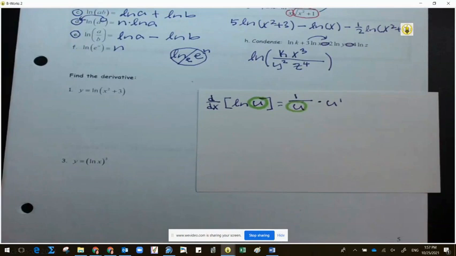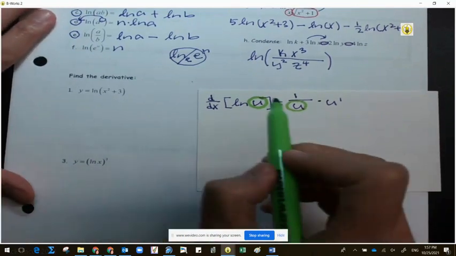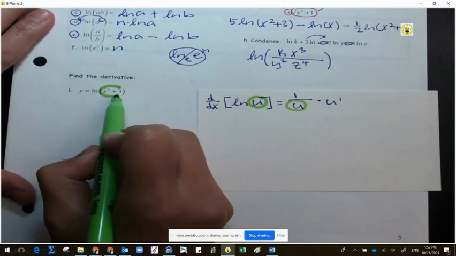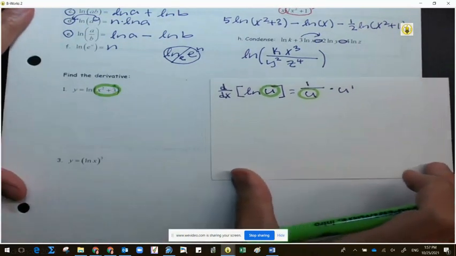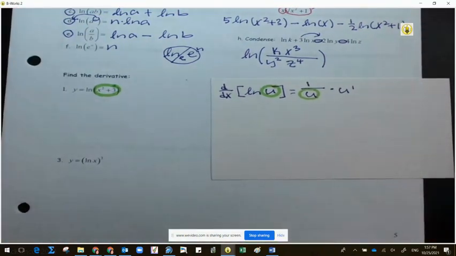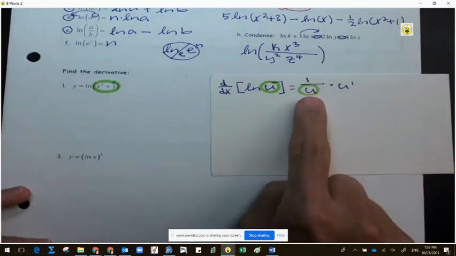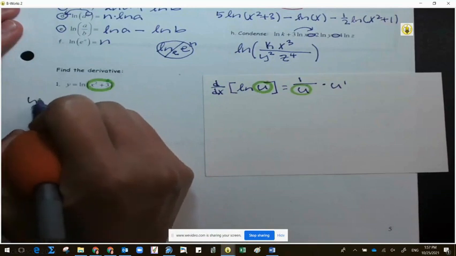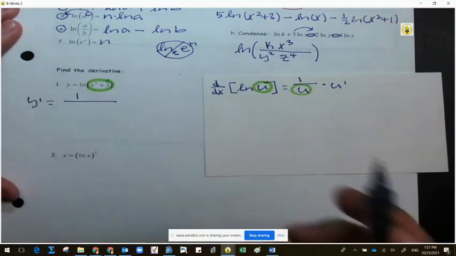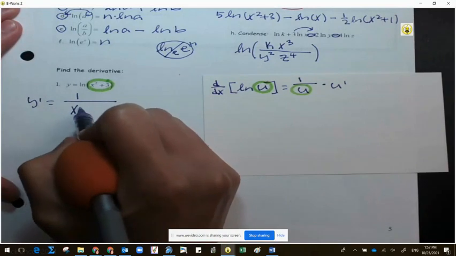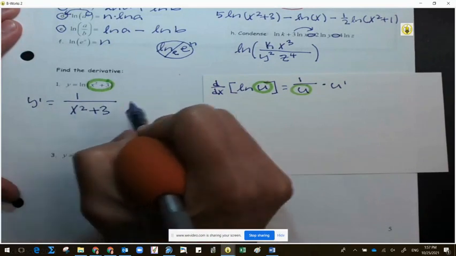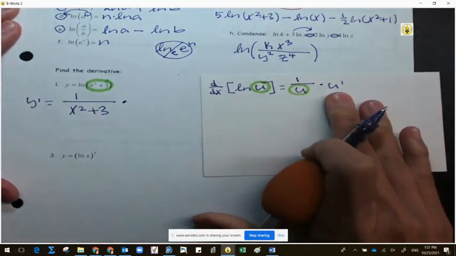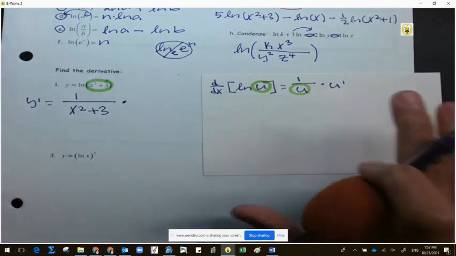If I were to follow this method, and with the same color, where u is substituted, go ahead and circle it with whatever color you want. And that's a calculated portion. Good luck. So let's go and mimic what's going to happen. What I have on the derivative, I need to put 1 over the argument, which is the inside, times, and then it says to find the derivative of the inside, as in the u.